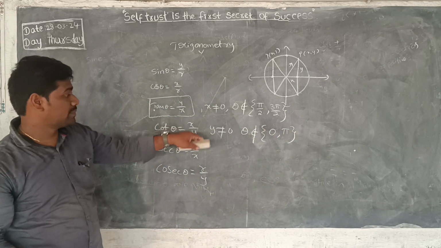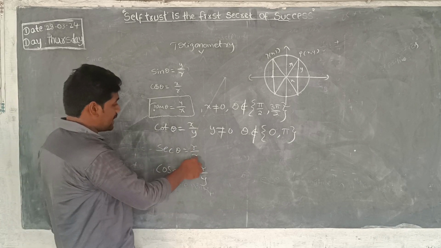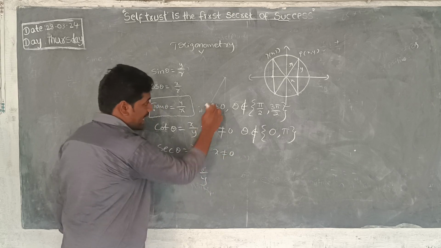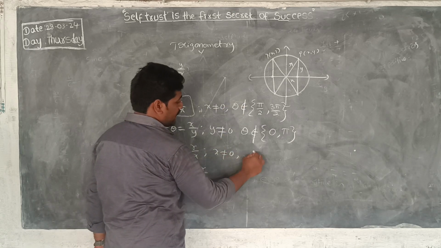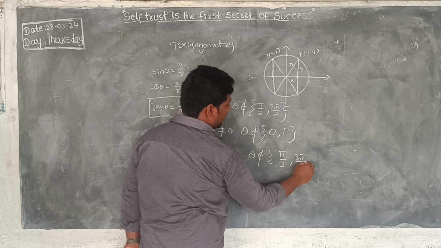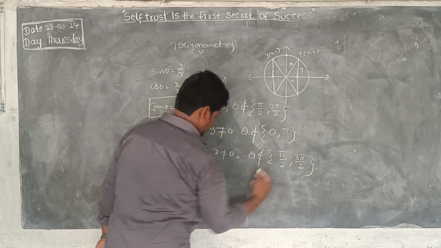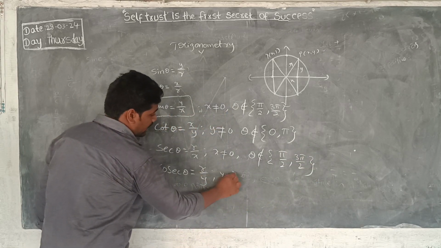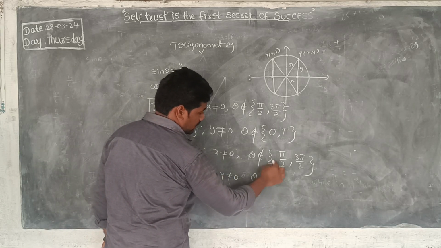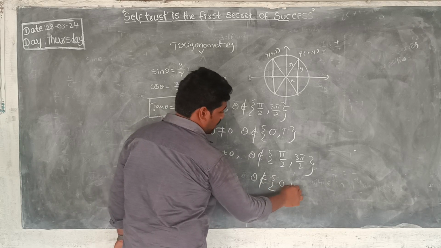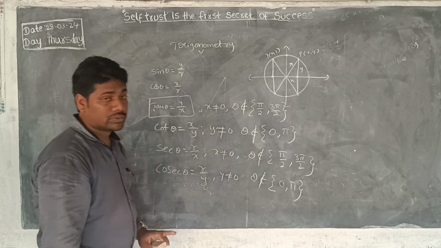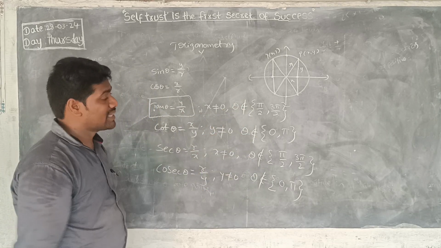In this case cot theta equal to x by y is defined only then. And x is not equal to 0 means theta does not belong to pi by 2 comma 3 pi by 2. Similarly, y is not equal to 0 means theta does not belong to 0 comma pi. In the remaining cases it is possible.